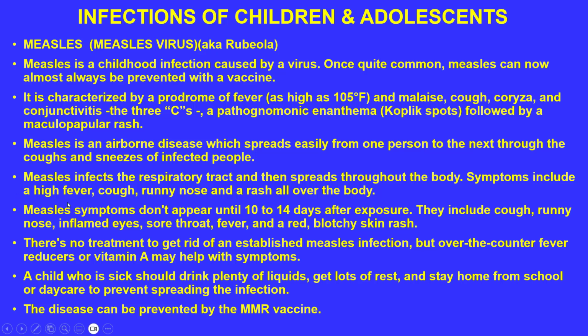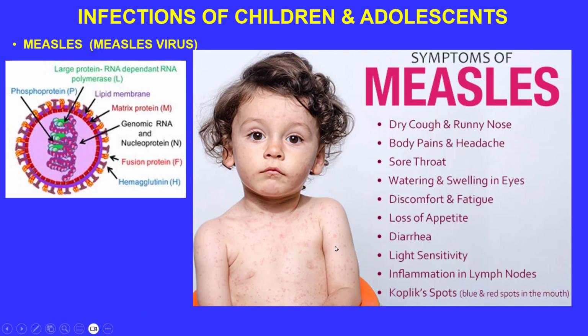And you can see here is the measles virus. And you can see the matrix proteins. You can see the genomic RNA. And you have phosphoproteins that help keep stabilizing. You also have fusion proteins here and hemagglutinin right here.